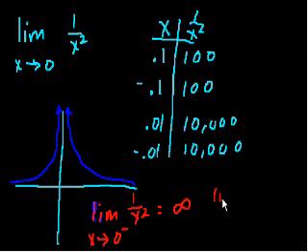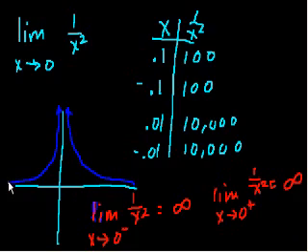And the limit as x approaches 0 from the positive side of 1 over x squared is also equal to infinity. When you go from the left-hand side, it goes to infinity as you approach 0. And as you go from the right-hand side, it also goes to infinity. And so the limit in general is equal to infinity.